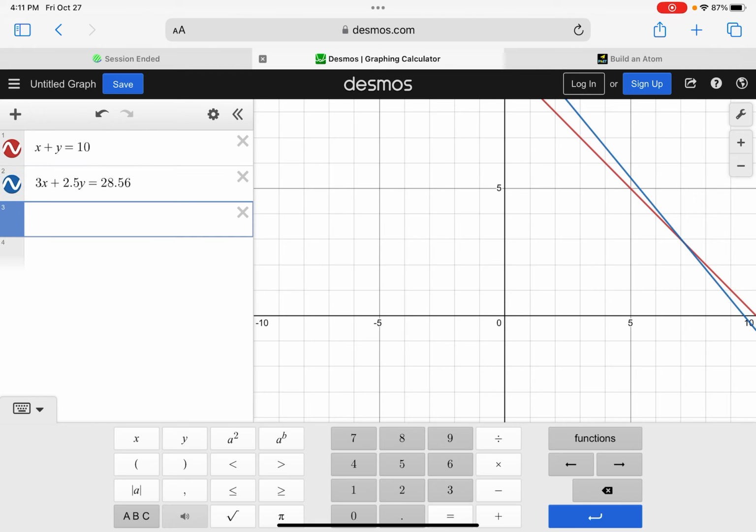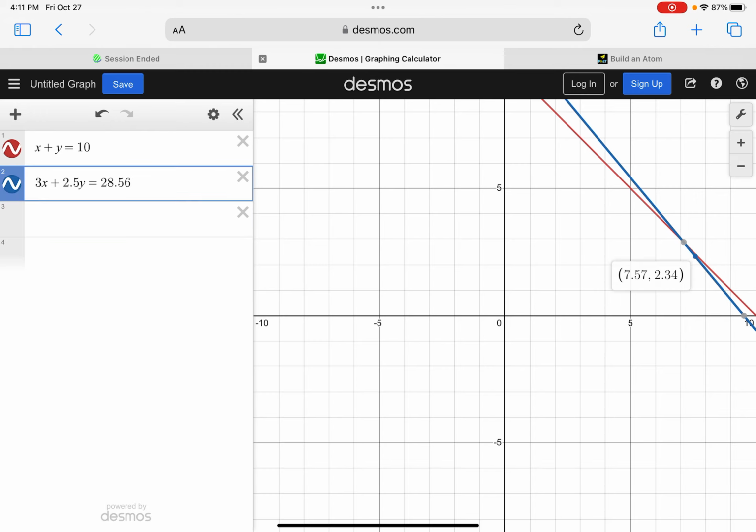And we'll hit enter. And then what we can do is go over here and highlight where the lines overlap. Where those lines overlap is 7 for x, roughly 7. 7 was the number of old pennies, and y was the number of new pennies, which is around 3.